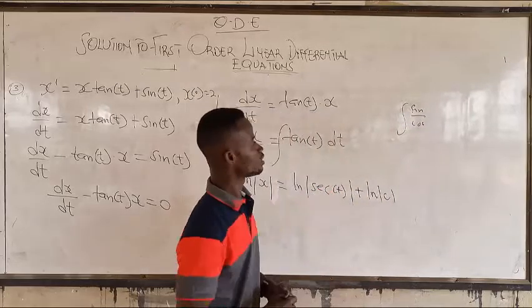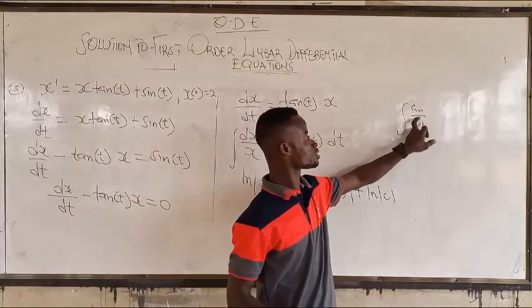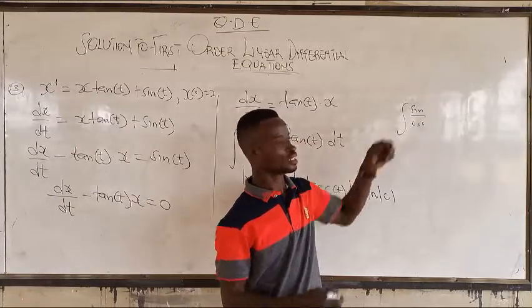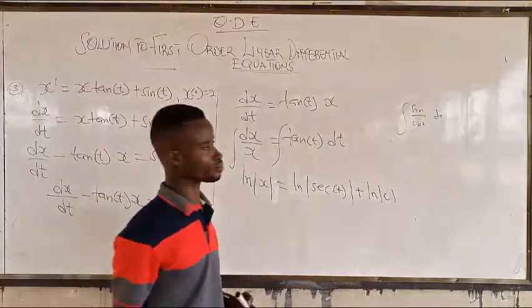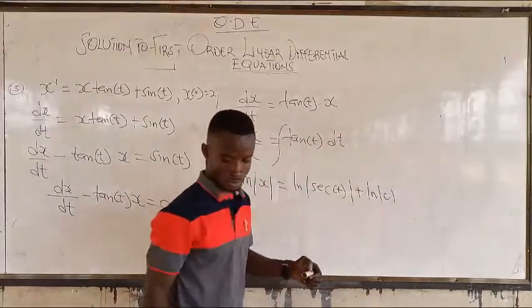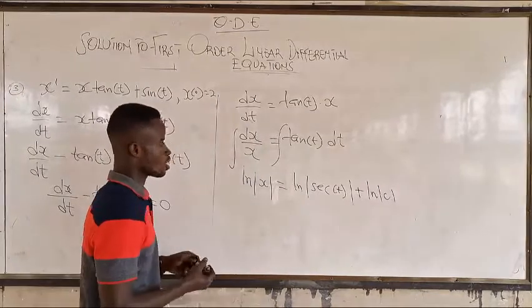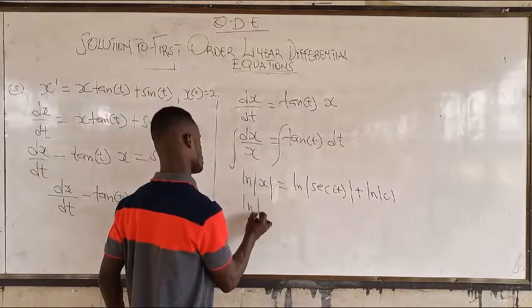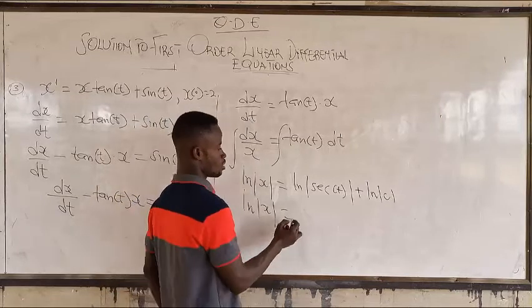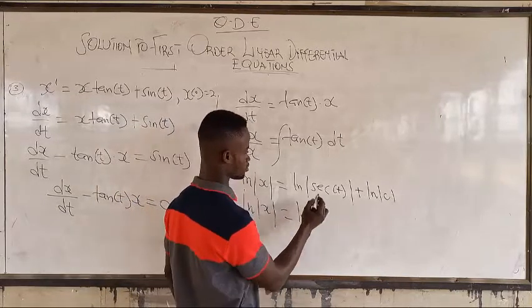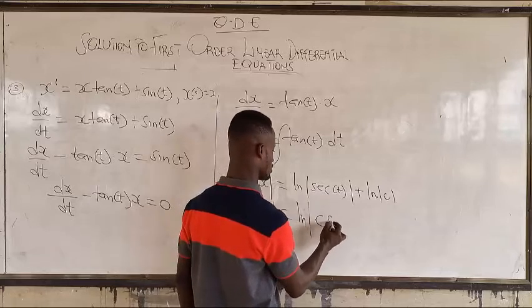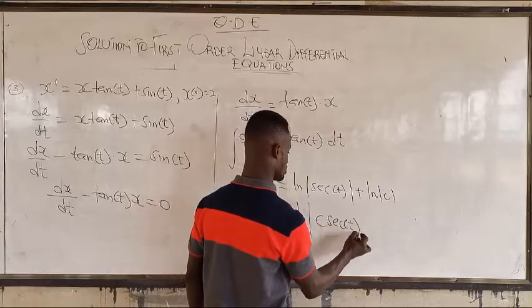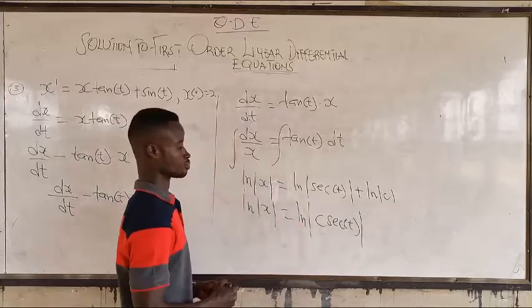Take u to be cos t. Can we do the substitution? You are going to get this in case you have forgotten. Alright. So this gives c multiplied by sec t.